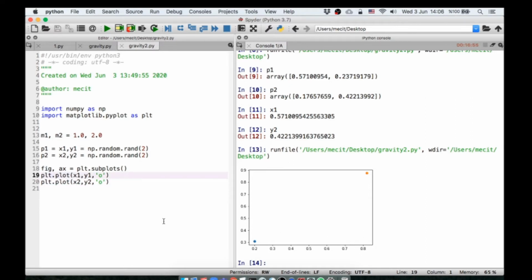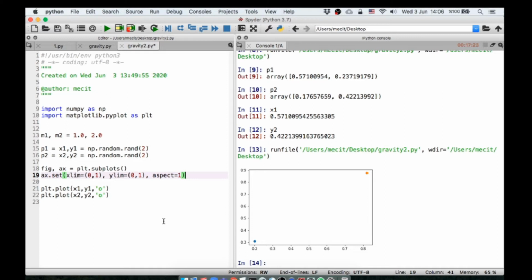So before doing anything else, let me set the axes right. I want to do it this way. First, I want to set the x limit, make it from 0 to 1, and y limit from 0 to 1, and then the aspect equals 1.